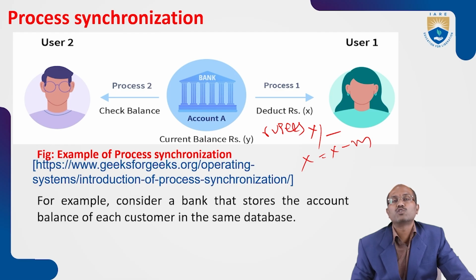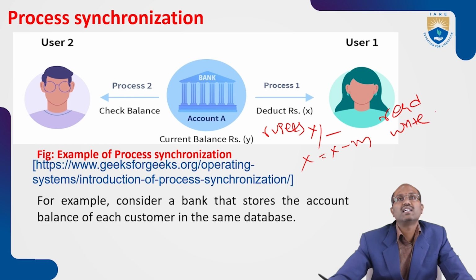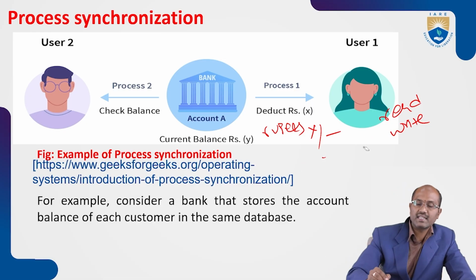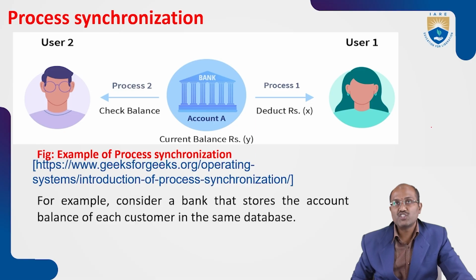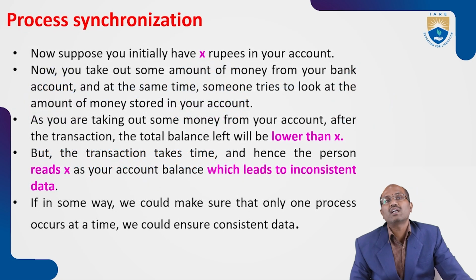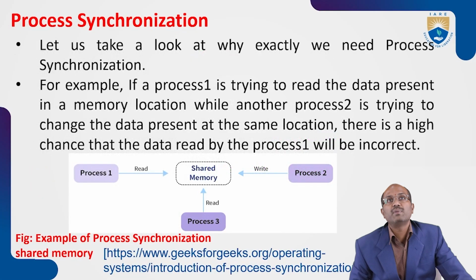Process 1 should be executed first, and then process 2 can be completed, whether it is a read or a write transaction performed concurrently, so that your balance gets the exact amount. If your balance does not get the exact amount, there is a problem in the transaction, meaning the transaction could not complete successfully, so synchronization has to be handled.